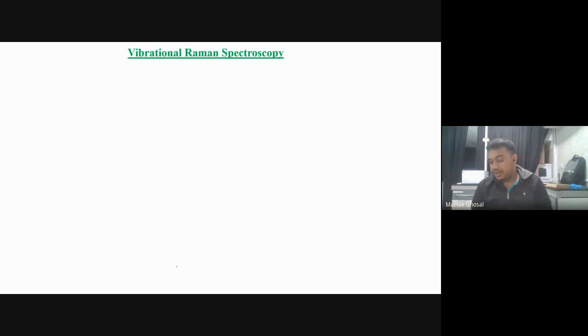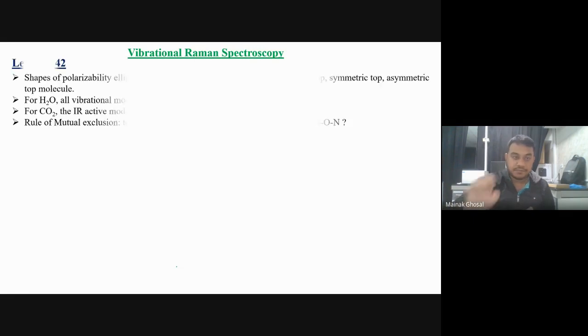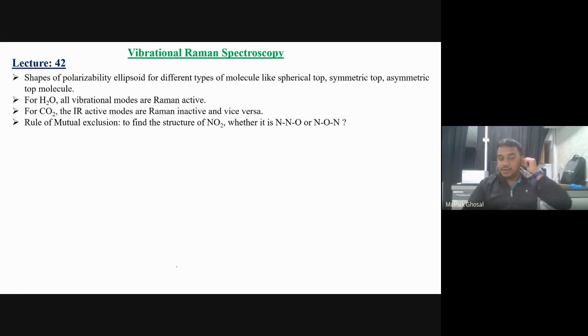Our discussion today is mainly focused on vibrational Raman spectroscopy. In lecture 42, Professor Sanbakshi explained the shapes of the polarizability ellipsoid for different types of molecules, like a spherical top molecule and a symmetric top molecule.